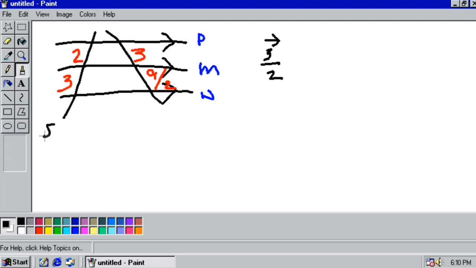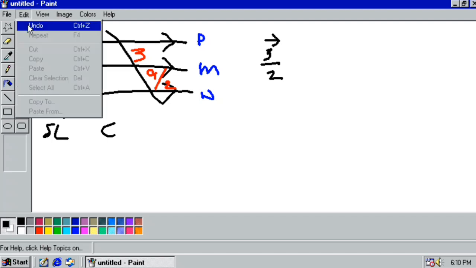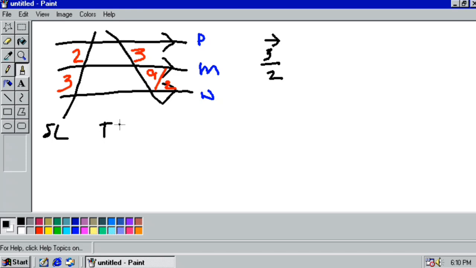So let's have segment length and corresponding segment, times scale factor, so that's the SF. And we have corresponding segment length. Now let's have this from left to right.